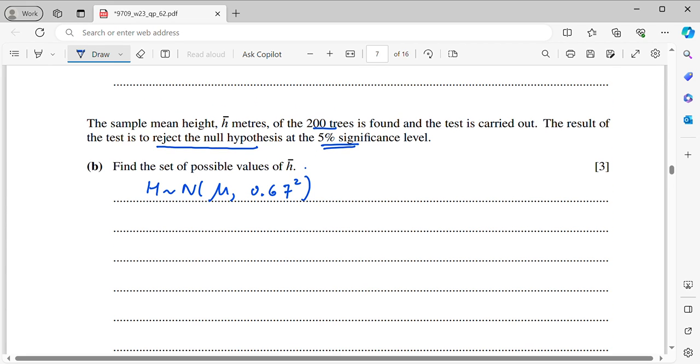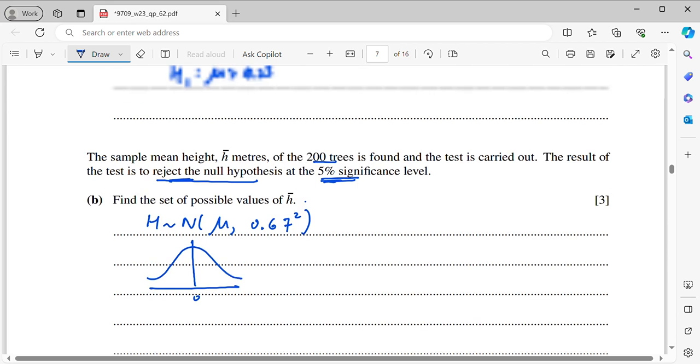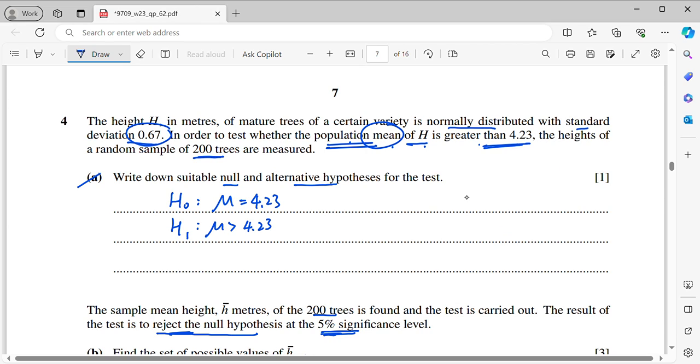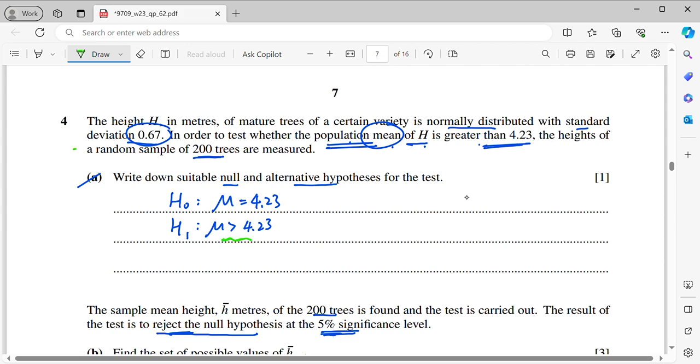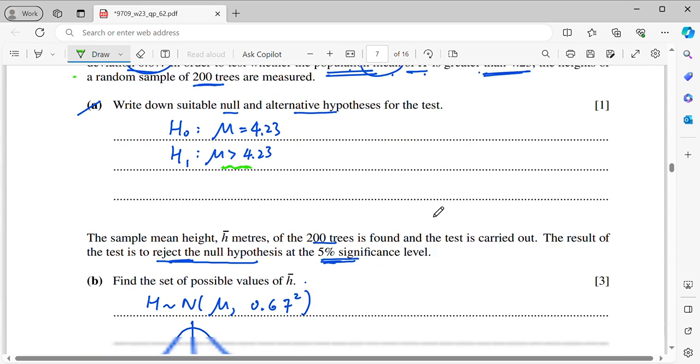So here I will write 0.67 squared. And then it's mentioned that you are going to reject the H0 at 5%. So now I will just sketch a graph. By looking at the H1, which is greater than, this is an upper tail test.